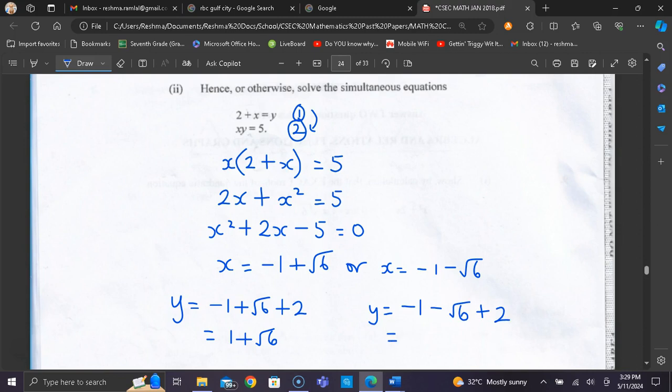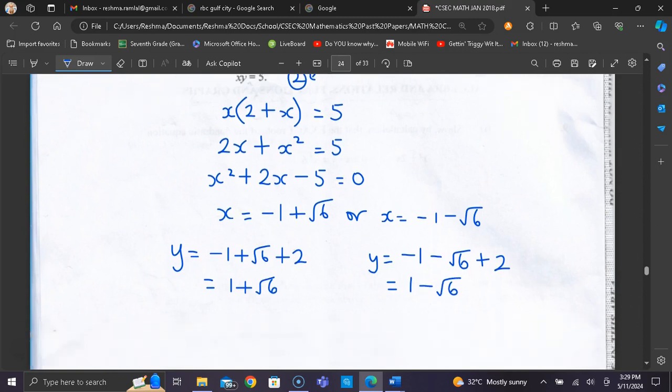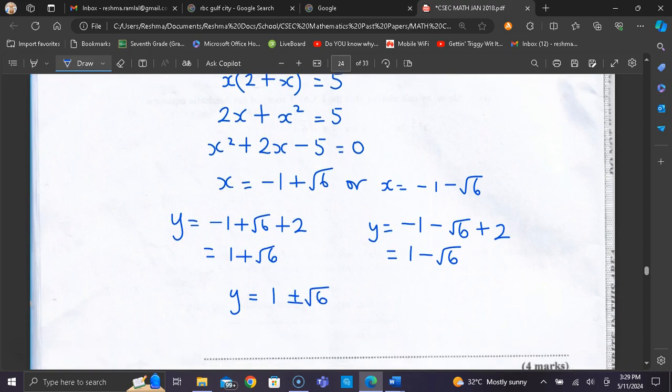So again, -1 plus 2 is 1 minus square root 6. So our values of y, we can actually put them together because one of them is 1 plus square root of 6 and the other one is 1 minus square root of 6. So we can actually state it as 1 plus or minus the square root of 6. And of course, the x values are -1 plus or minus the square root of 6, and this would be the solution to the pair of simultaneous equations.